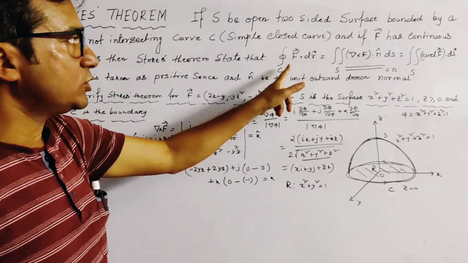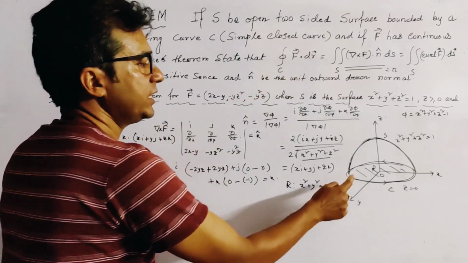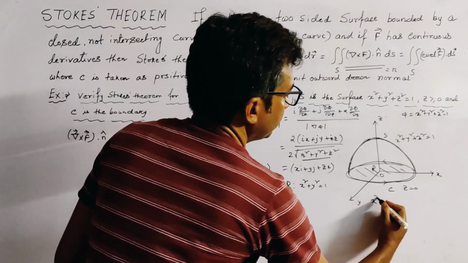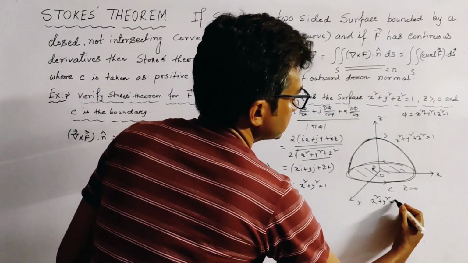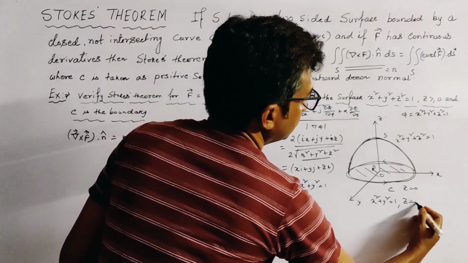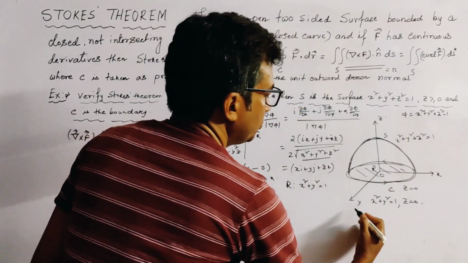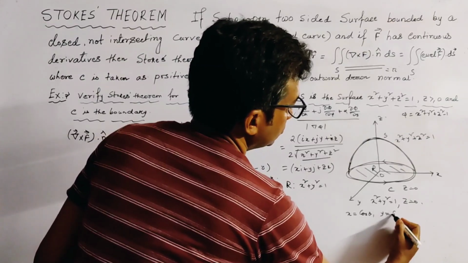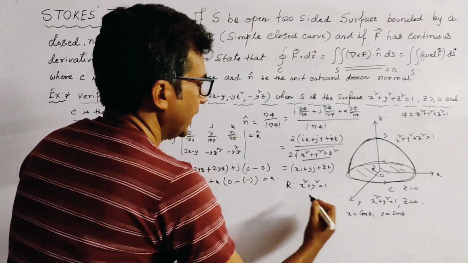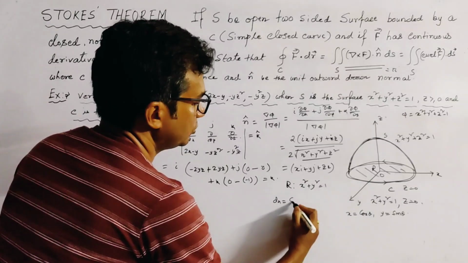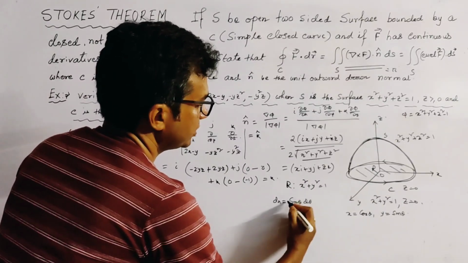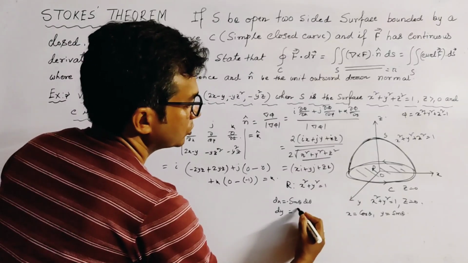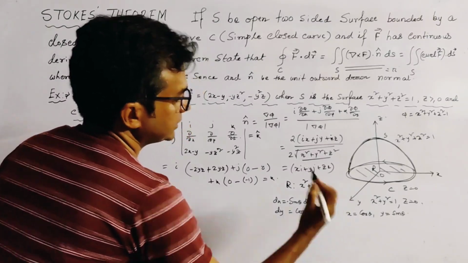For the line integration over C, here C is a circle. This is given by the boundary x square plus y square equal to 1 and z equal to 0. So we put x equal to cos theta, y equal to sin theta, and dx is equal to minus sin theta d theta, and dy is equal to cos theta d theta.